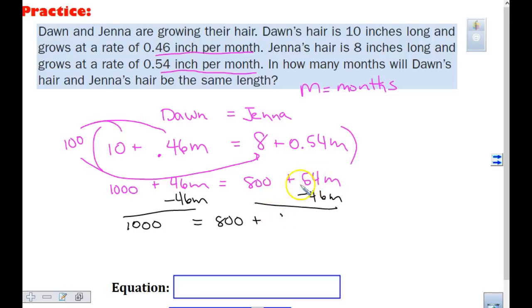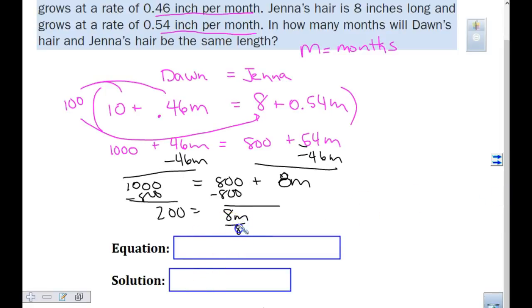So 54 minus 46. Not quite 10, but 8. We are now going to subtract our 800. And we get 200 equals 8m. To solve it, Chloe, what do I need to do?